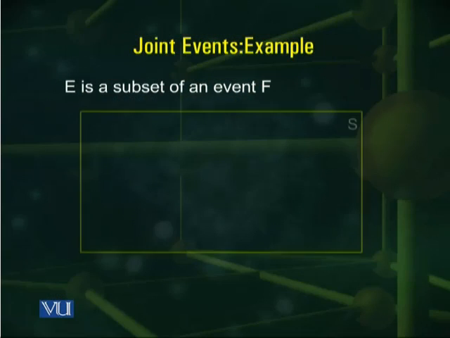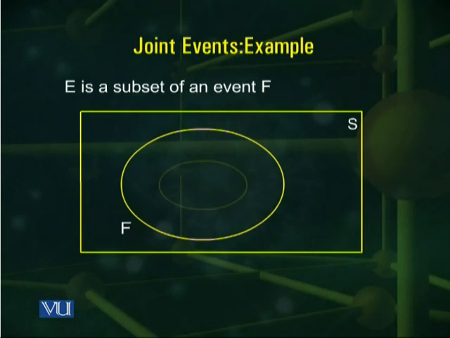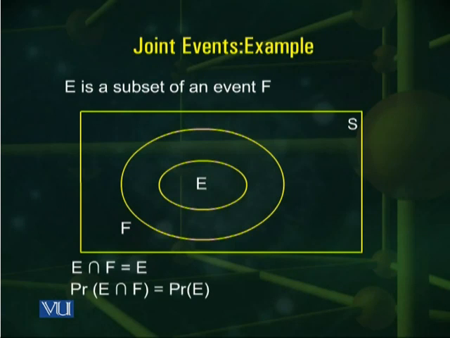Suppose there is an event E and there is an event F, and event E is a subset of event F. So whenever an outcome lands in E and E is a subset of F, it has also landed inside F. So whenever E occurs, F automatically occurs, and their intersection is set E. So in this case, the joint probability of E and F is simply equal to the probability of E. In general, two sets will have some overlapping area, and then the joint probability will be the probability of that intersection area, the sum of the probabilities of all the outcomes in the intersection area.